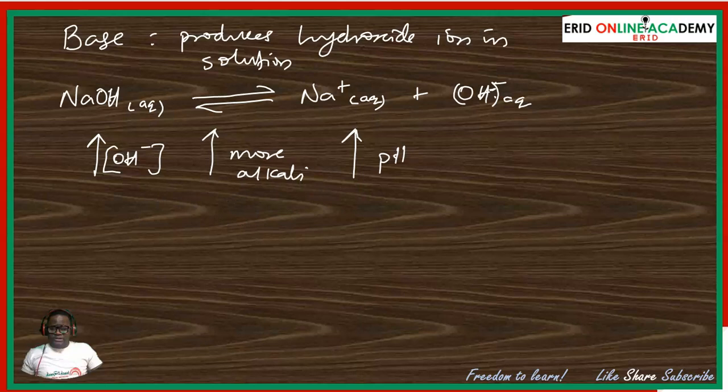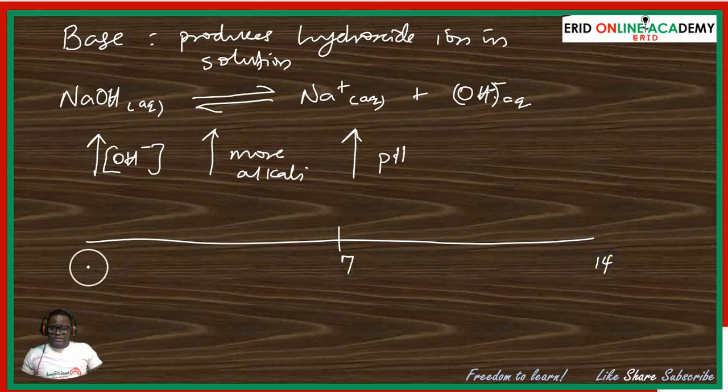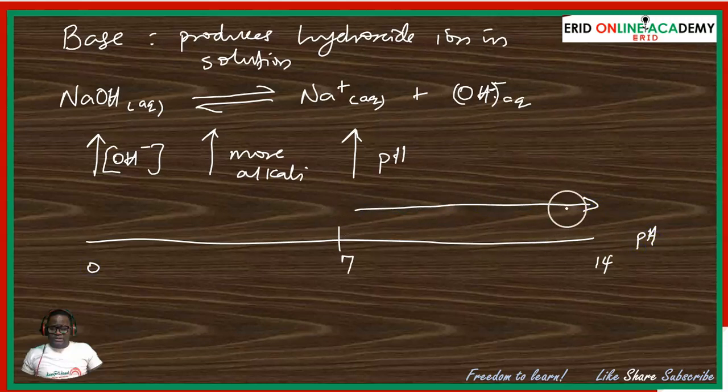Let's relate that to the pH scale so that you see it in perspective. On the pH scale, we have 7, we have 14, and we have 0. If you are going towards 14, that means you are becoming more alkaline.